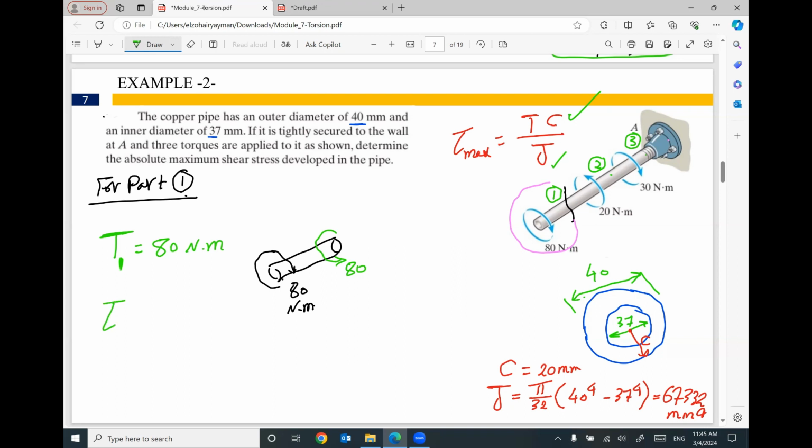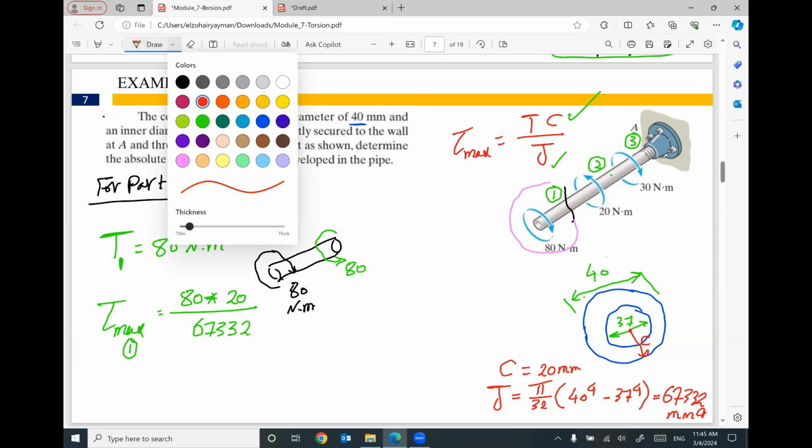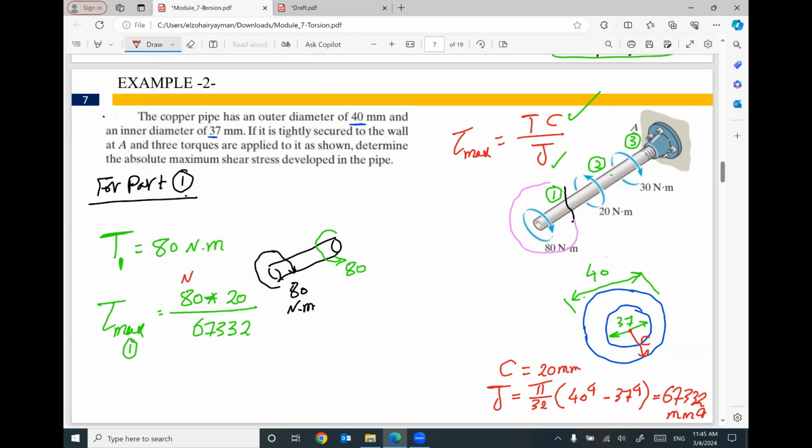So the maximum shear stress in part number 1 will equal the applied torque 80 times the radius of the whole cross section, which equals 20 millimeter, divided by J, 67,332 millimeter to the power 4. This torque is in Newton meter, this radius in millimeter, this J in millimeter to the power 4.